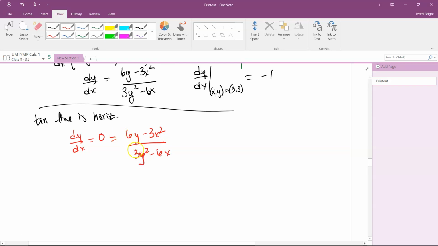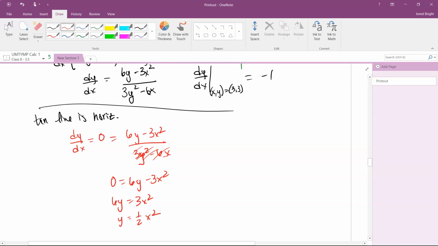If I solve this, the denominator would multiply out, and I would end up with 0 is equal to 6y minus 3x squared. Moving things around, I'd have 6y is equal to 3x squared, and y is equal to 1/2 x squared.